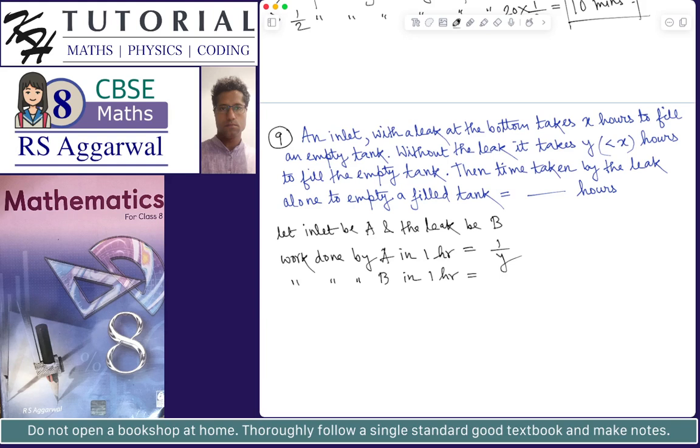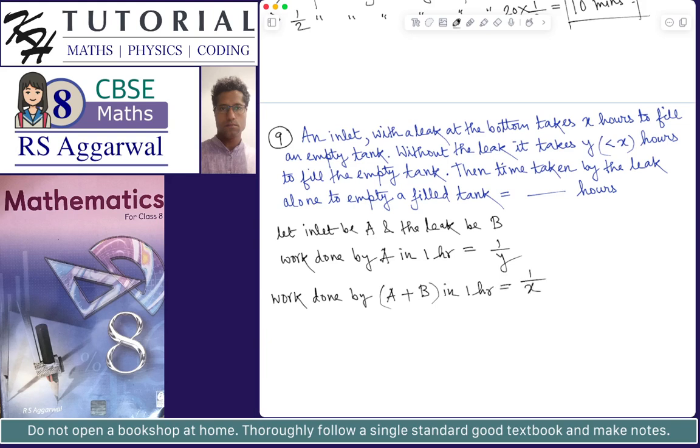Now the fact that an inlet with the leak at the bottom takes x hours to fill an empty tank means that the work done by A plus B, that is the inlet with the leak at the bottom, in 1 hour will be equal to 1 by x.